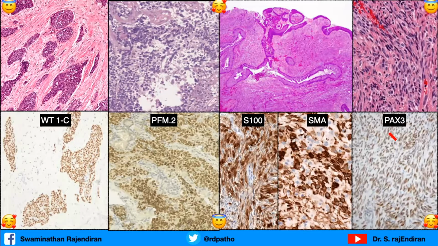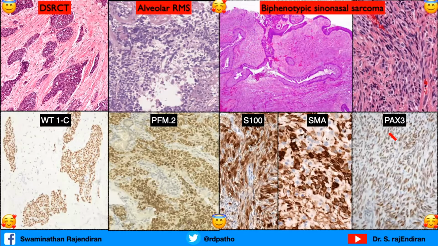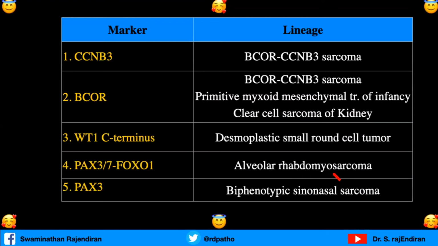So they have definitive diagnostic terminologies because of these immunohistochemical markers that highlight the molecular events. We already talked about desmoplastic small round cell tumor, alveolar rhabdomyosarcoma, and this biphenotypic sinonasal sarcoma, which are characteristically PAX3 positive with biphenotypic expression of neural and muscular markers.